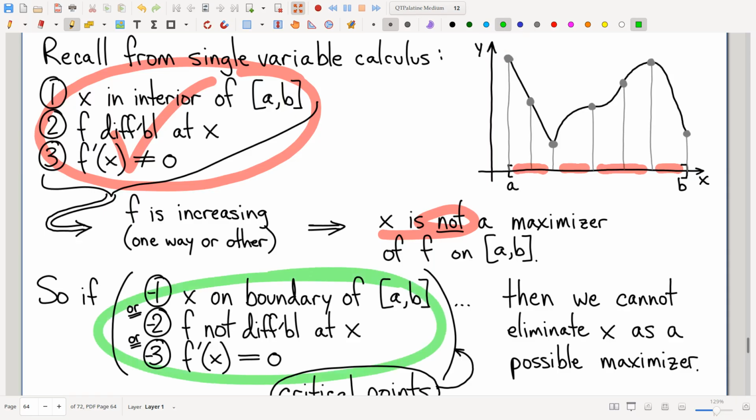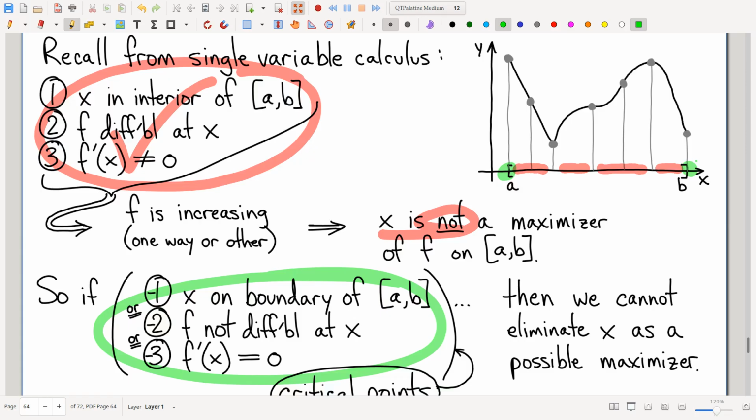We might not be in the interior. We might be on a boundary point. Take this point on the left here: based on what the slope appears to be, to make the function actually get bigger and eliminate this as a possible maximizer, I would have to go out of the domain where I'm not allowed to go.